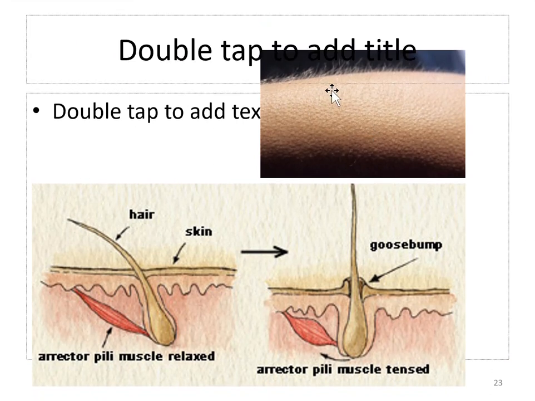So the reason why your hairs stand up has to do with a smooth muscle that contracts, connecting your skin to the bottom of the hair follicle. This smooth muscle, its name is called erector pili.